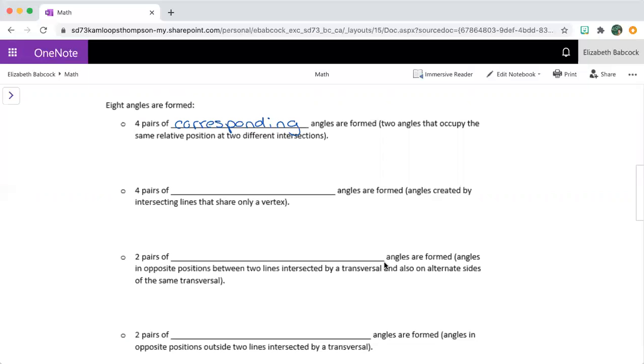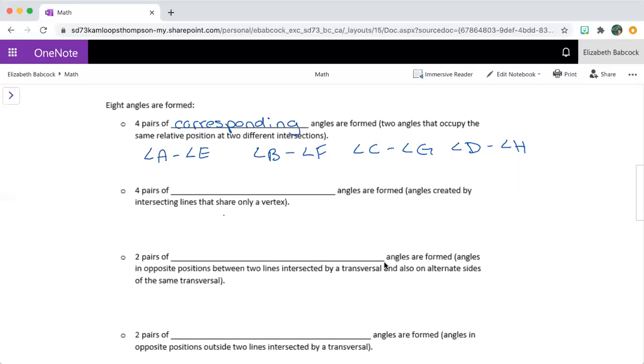For example, angle A to angle E, angle B to angle F, angle C to angle G, and angle D to angle H, because they are all in the same relative position at their corresponding intersections.